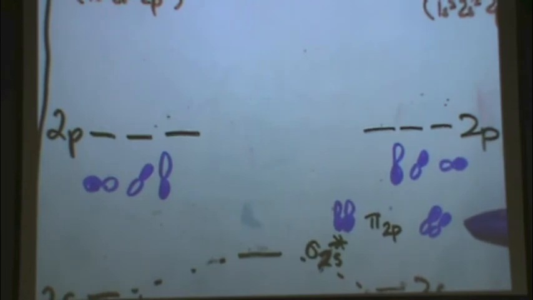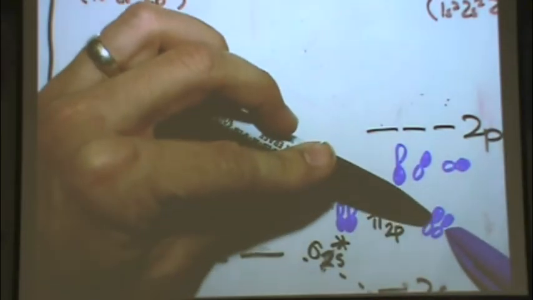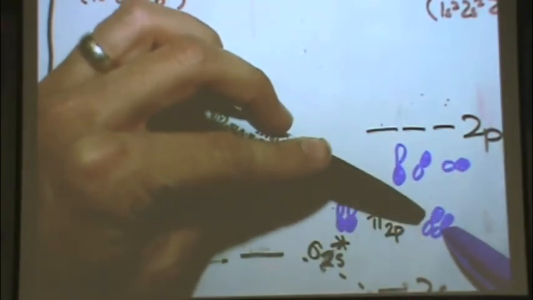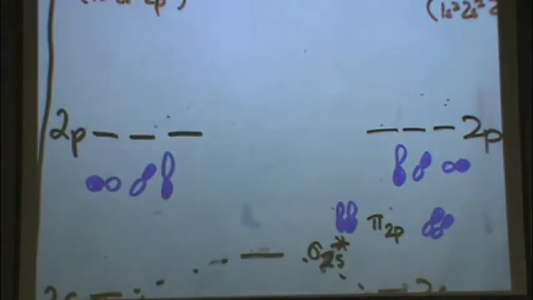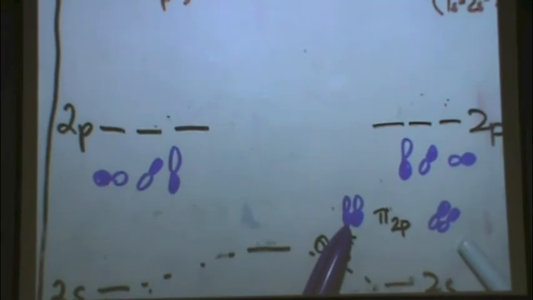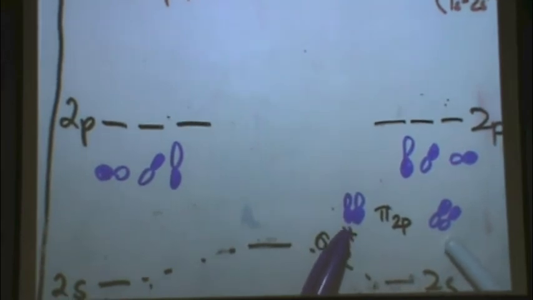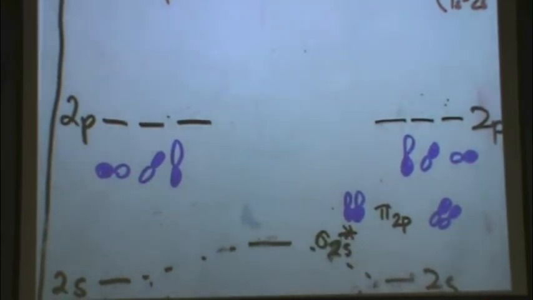That would be a pi, because notice the center point is right there, and the bond is happening not at the center point. Is that okay? This is a pi. What's the subscript? 2p. Is that okay? So actually it has the same name as this one. These two have the same name. They're the same. One's just vertically oriented, the other one's oriented in and out of the plane of the board.